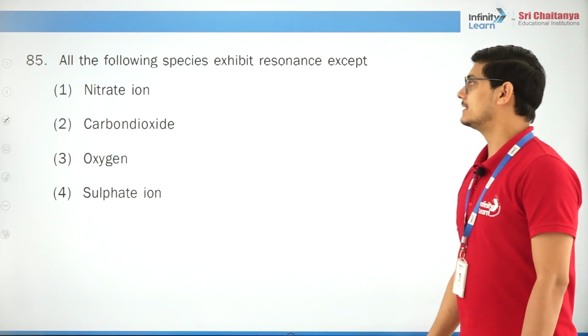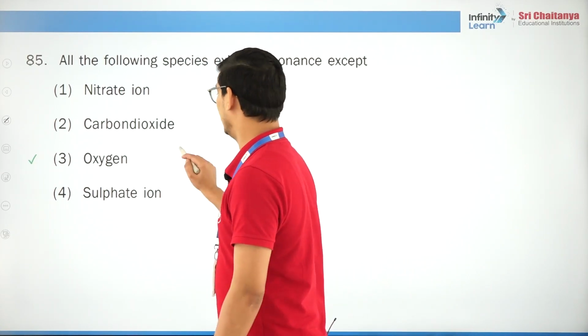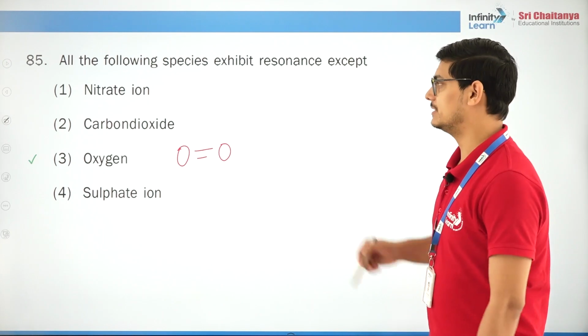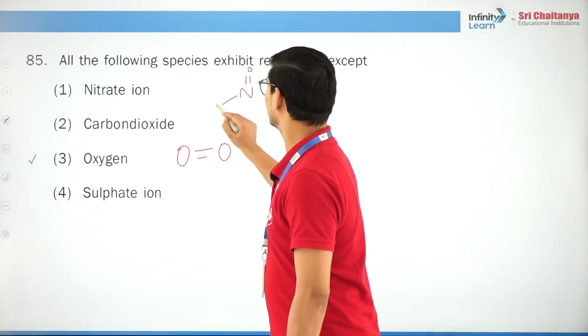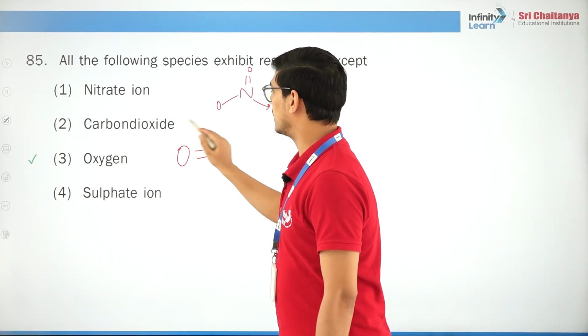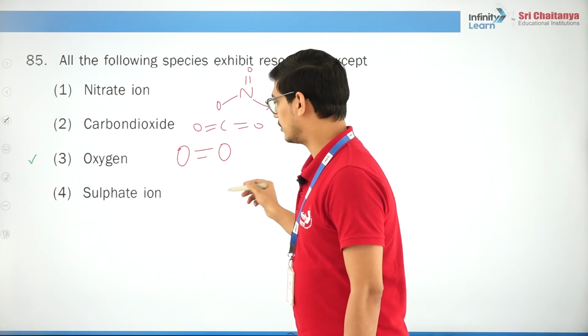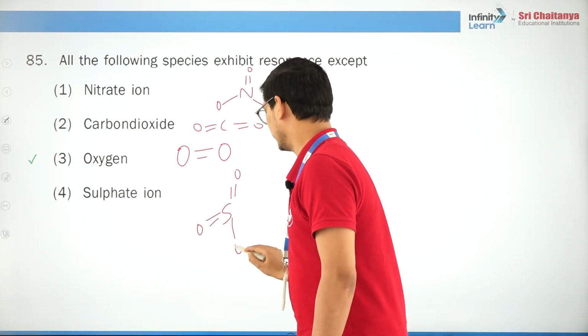All the following species exhibit resonance except, okay, which you think cannot? Okay, oxygen. Except oxygen, every other species can exhibit resonance because, right, carbon dioxide also exhibits resonance by triple and single bond, and sulfate ion, we already know that there is a resonance in it.